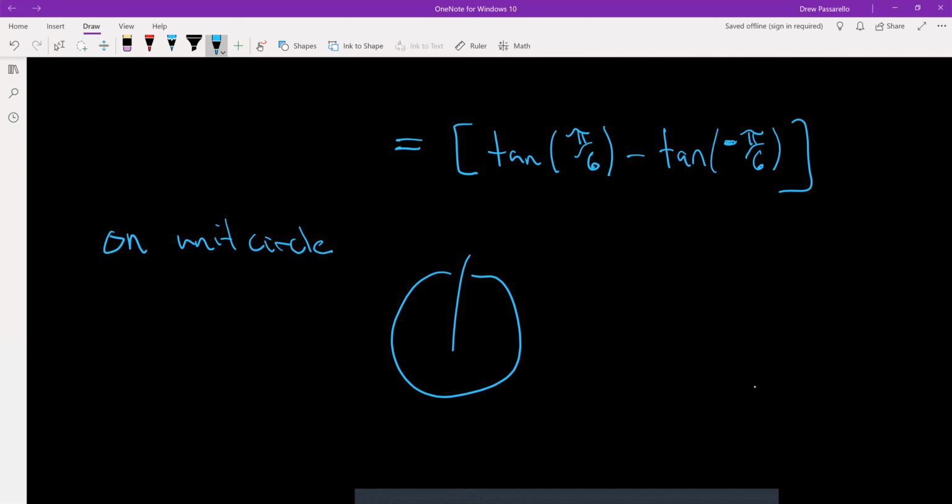Let's draw a really rough version of it, but let's say this is pi over 6. And then you have the point, and I believe it should be 1/2 comma square root of 3 over 2. Oh, I have it flipped. It's square root of 3 over 2 comma 1/2.